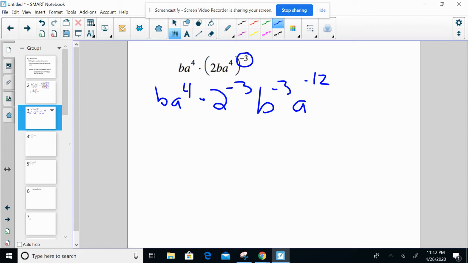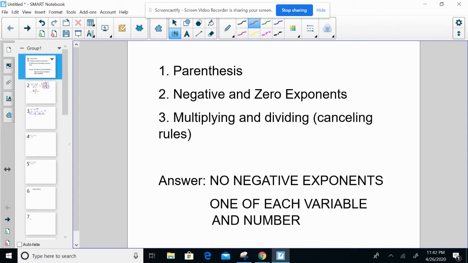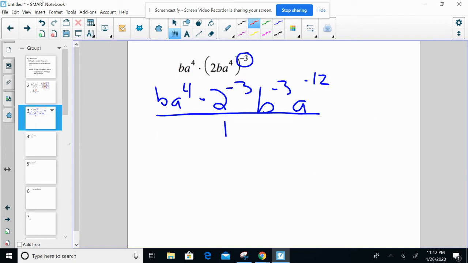Now, maybe to make this easier, especially when you have negative exponents, think about it this way. We can write everything over the denominator of 1. All right, so we dealt with the parentheses. Now we do negative and 0 exponents. No 0 exponents, but there are plenty of negatives. Anything with a negative exponent goes to the opposite part of the fraction.